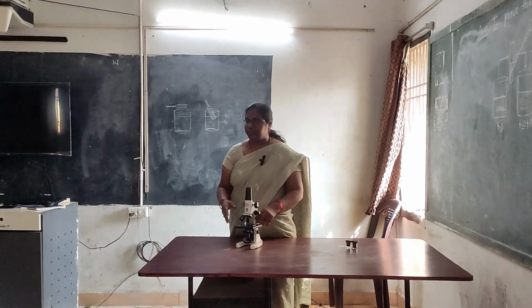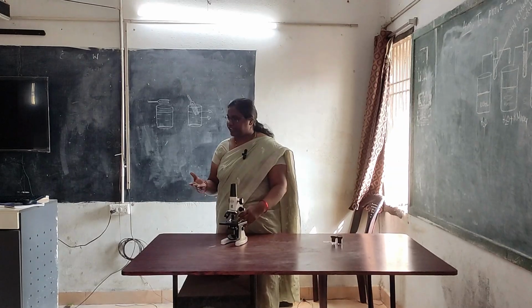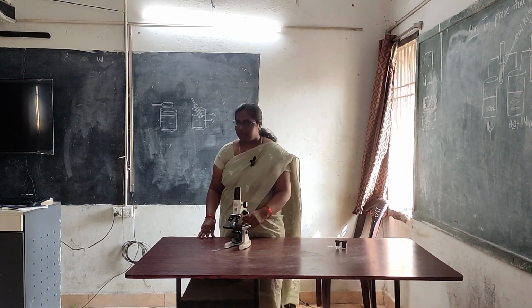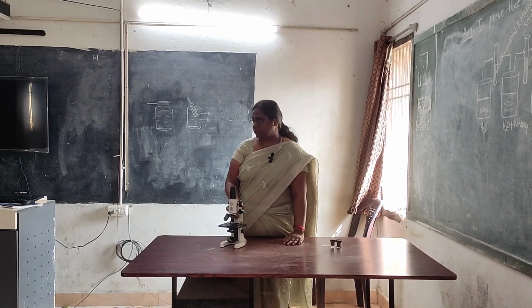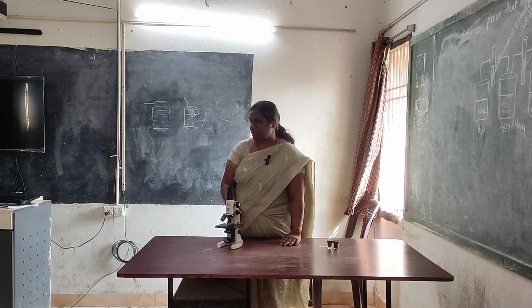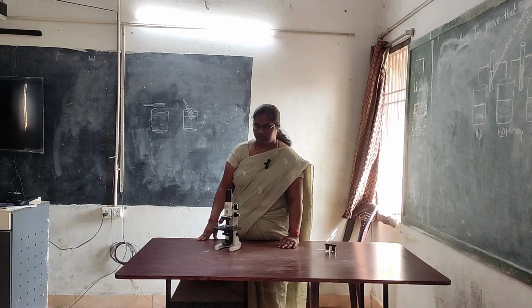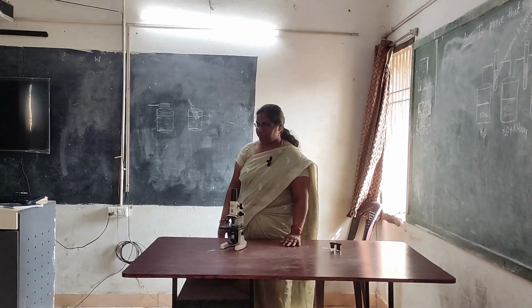And also in forensic laboratories to detect the fingerprints of culprits. In schools, which type of microscope are we mainly using? Compound light microscope. Now let us see the parts of this microscope.